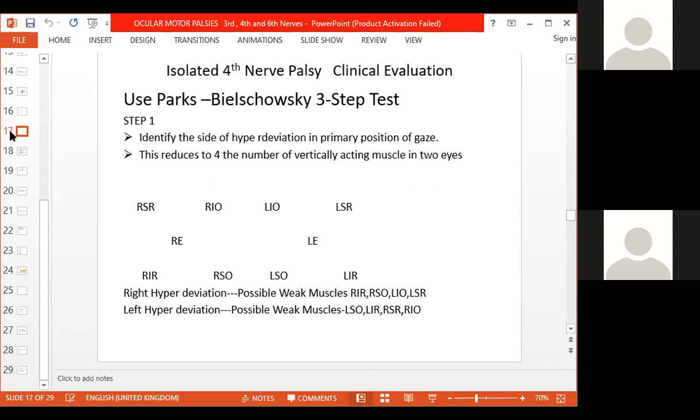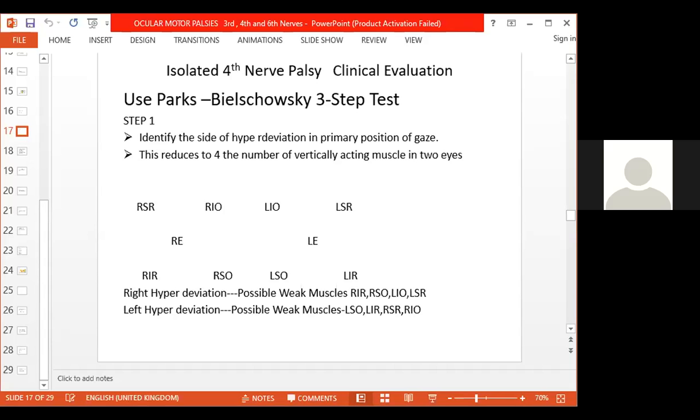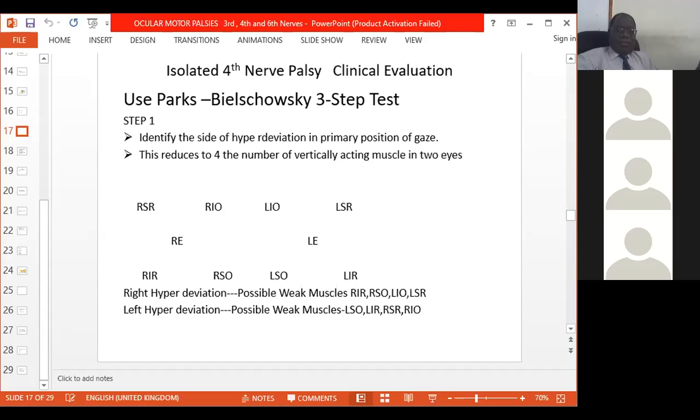Here we're talking of isolated fourth nerve palsy. Whoever is involved, my dear, who pushed a question? Damon Pierre, is he there? Yes. Damon, good morning, sir. Morning. What is your question?